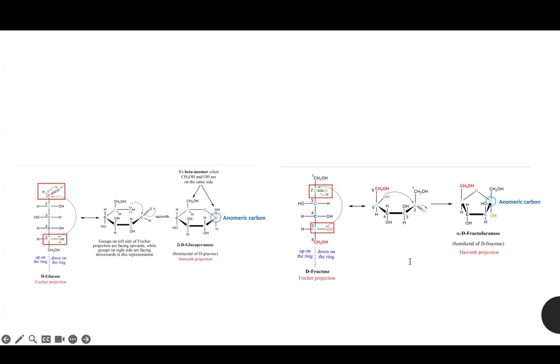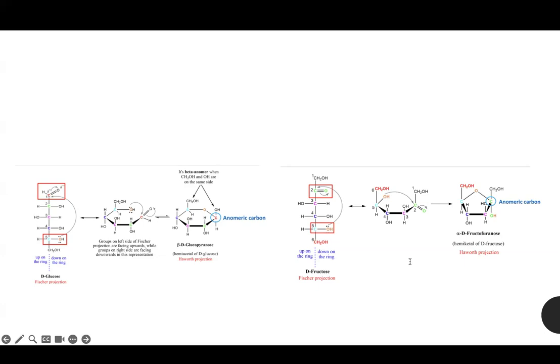We have also seen different conformations, or different displays, of our glucose in cyclic form. This would be the chair conformation, and this is the form that glucose usually takes on because it is most stable.